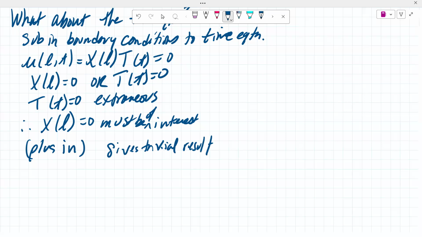So in other words, for k equals 0, we only get trivial results.